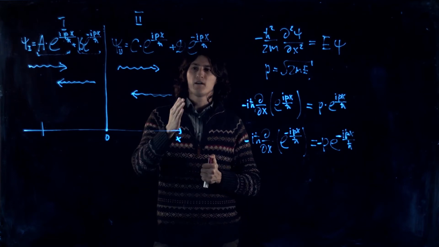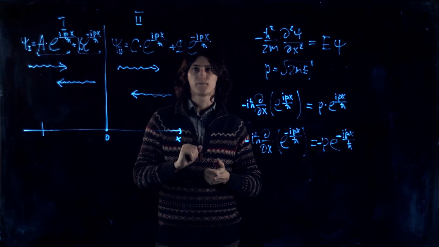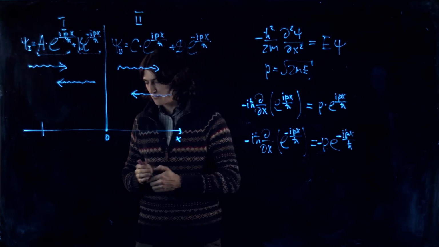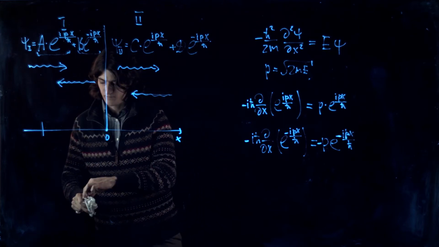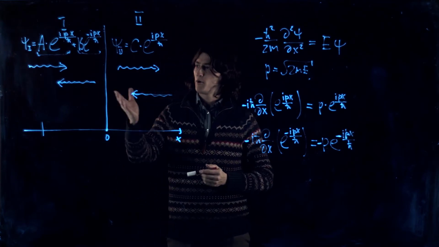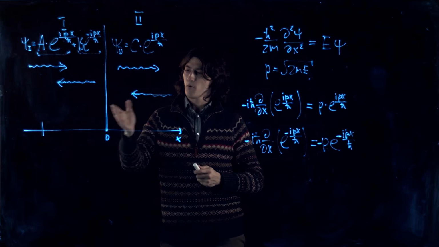That is why there cannot be any reflected particle in the second region, and that is why the coefficient d should be equal to 0. So, we have solutions of the Schrödinger equation in both regions.